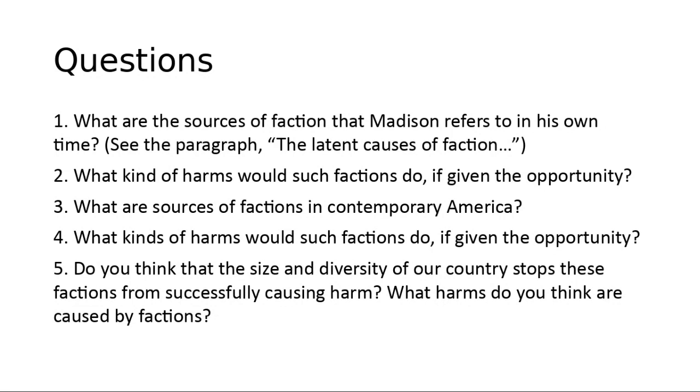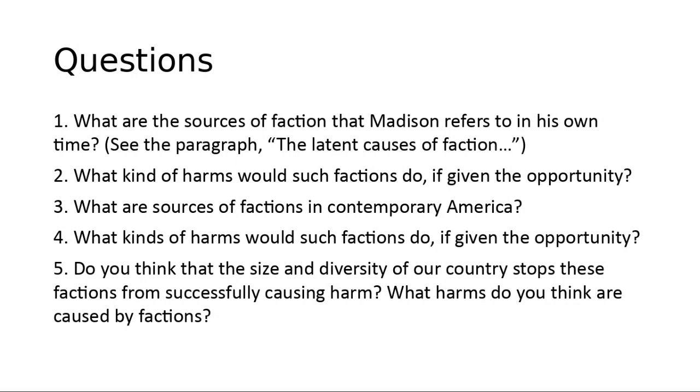What kind of harms does he think those factions would do if they were given the opportunity? And try to get concrete here. He says that factions might invade the rights of other groups, minority groups, or they might do things that are in their own best interest, but not in the best interest of the whole community. But what does that specifically mean for each of the kinds of factions that he lists there? Think about it concretely. What might they do?